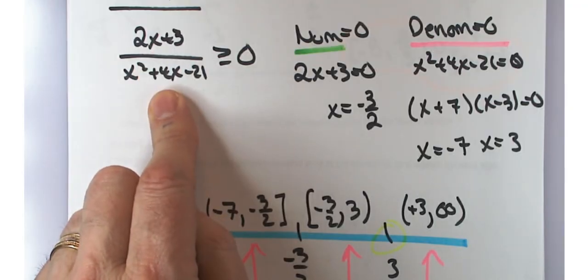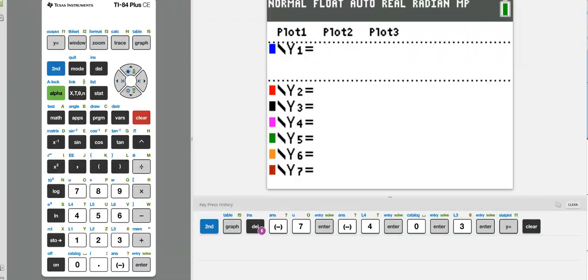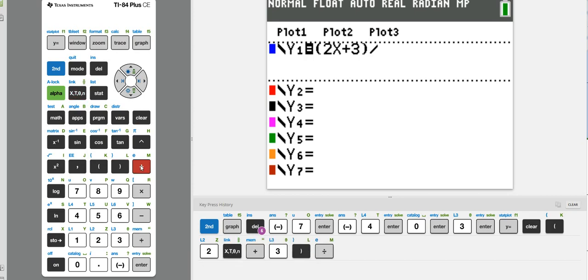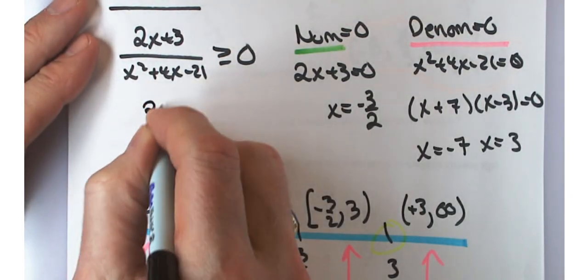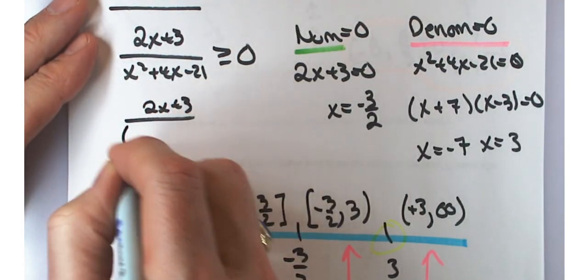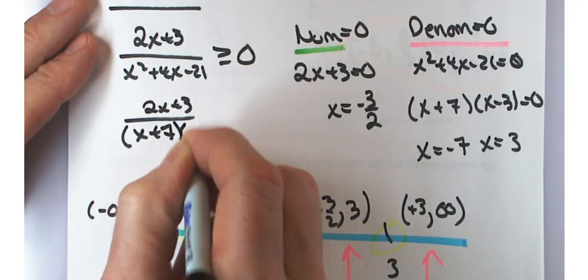But you've got to put parentheses around the entire numerator and the entire denominator. So parentheses, 2x plus 3, divided by. And let me note that the factored denominator is 2x plus 3, x plus 7 times x minus 3.